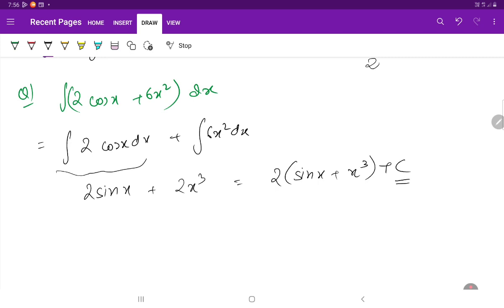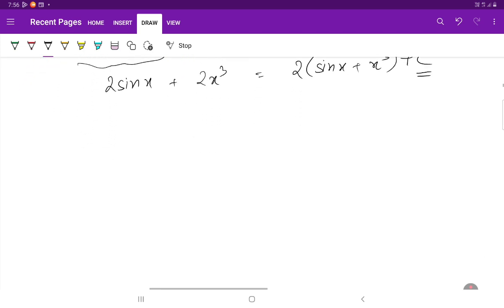Now coming to more formulas, you must learn some more formulas to grasp the concept of integration. Another formula you learn is integral of sec square x dx is written as tan x. Observe that the differentiation of tan x is sec square x, so integration of sec square x is tan x.